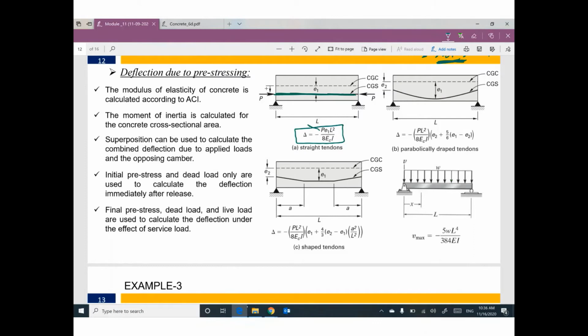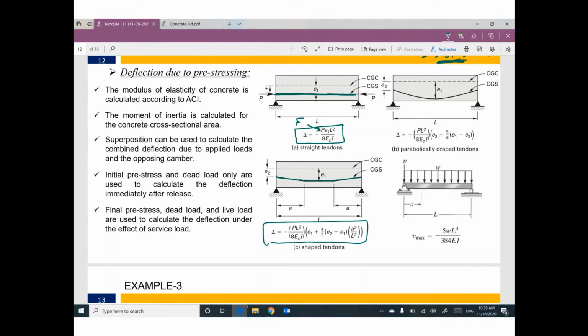P is the pre-stress force, F. E1 eccentricity, L squared divided by 8 EI. If the profile of the tendon looks like a trapezoidal shape, like this, the upward deflection will use this expression.